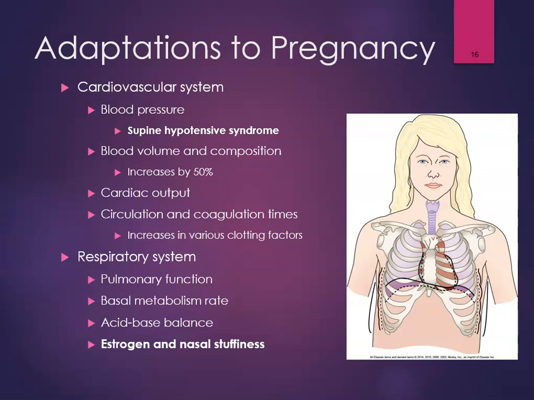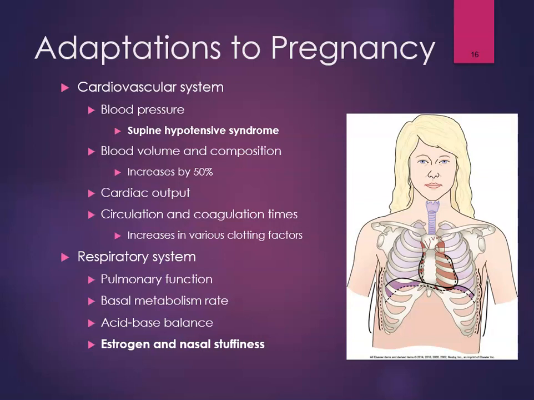So when we're talking about respiratory function, you can see in the picture there on the screen how as the uterus grows, the diaphragm and everything in the abdomen gets pushed up, which pushes on the heart, it pushes on the lungs, so it increases their respiratory effort. Not only do they need more oxygen to support all this increased metabolism and this increased blood flow and increased cardiac output, but then they have less room to do it in.